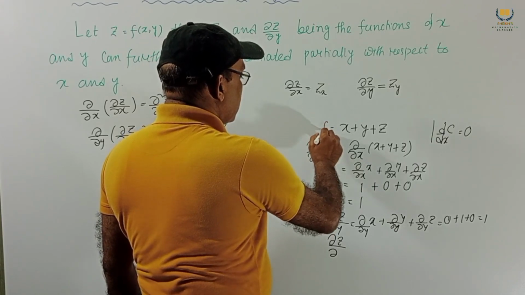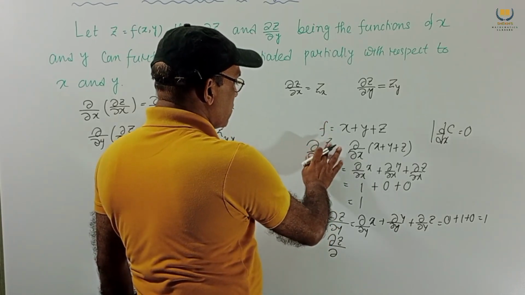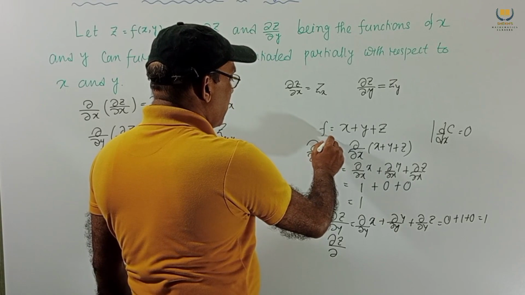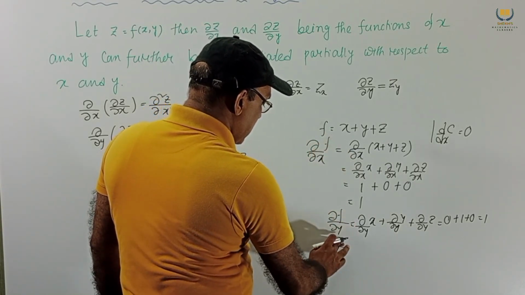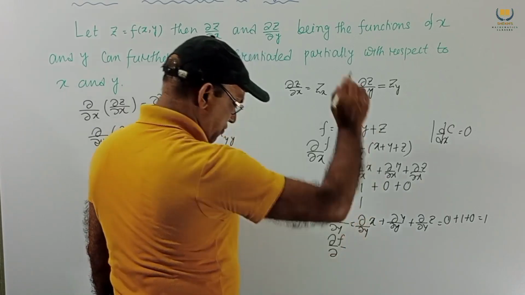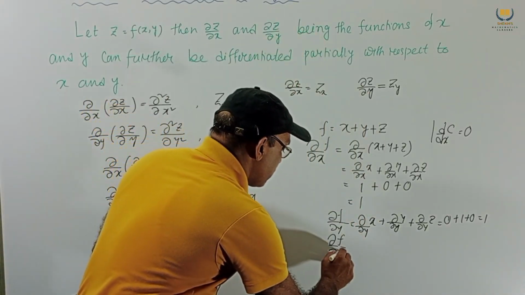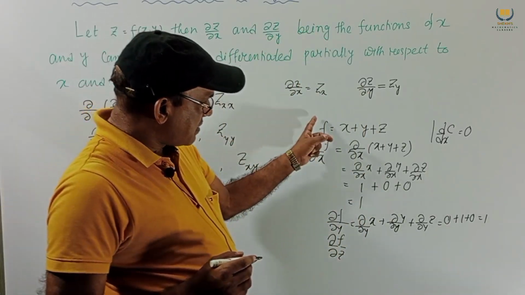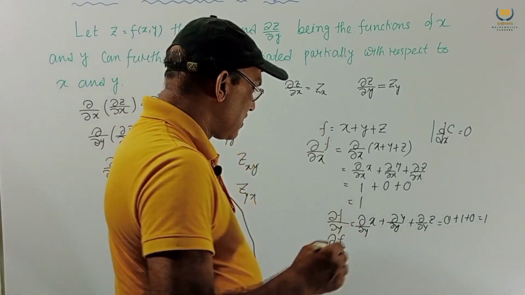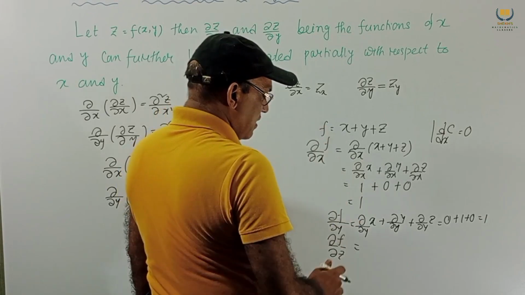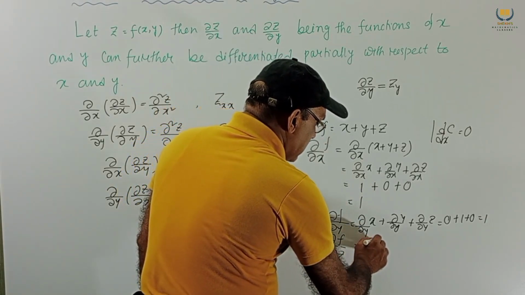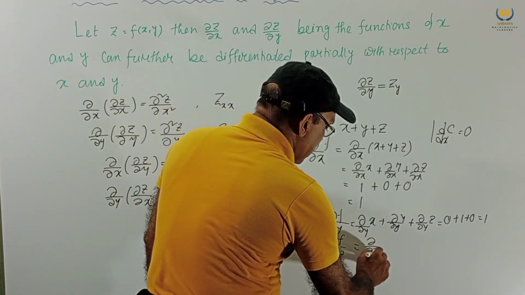F is better because we differentiate z also. This is f, and this one f, and we differentiate with respect to z. Otherwise this is z, this is also z, not so good, and it may be capital Z we can write.